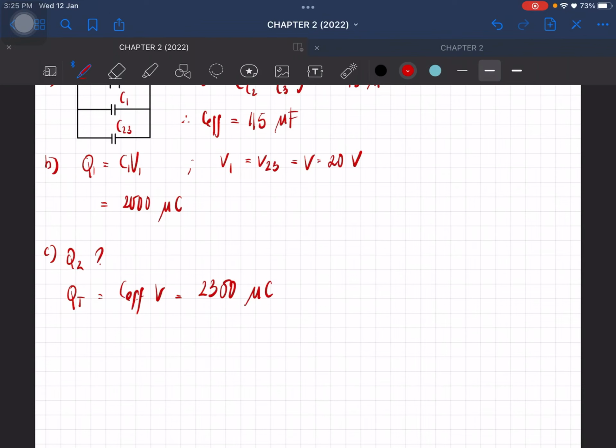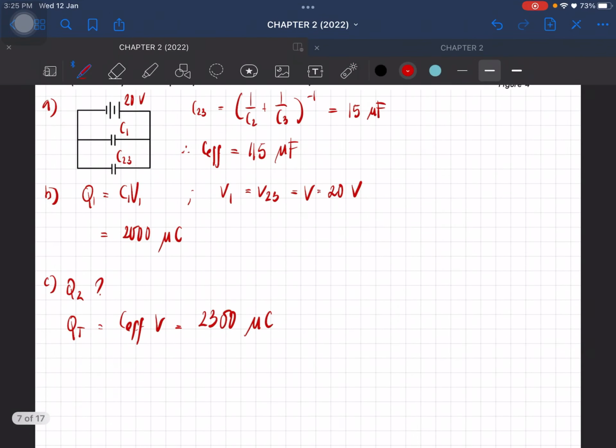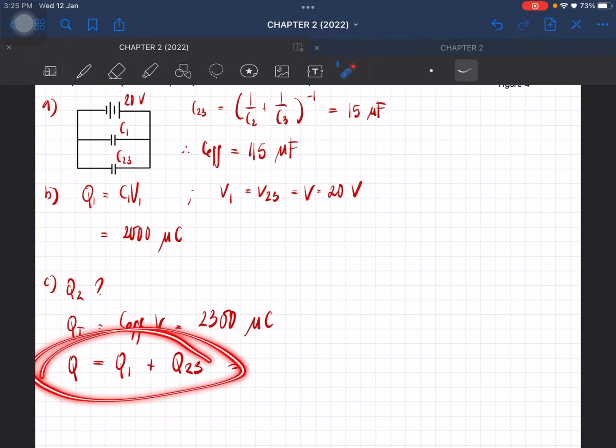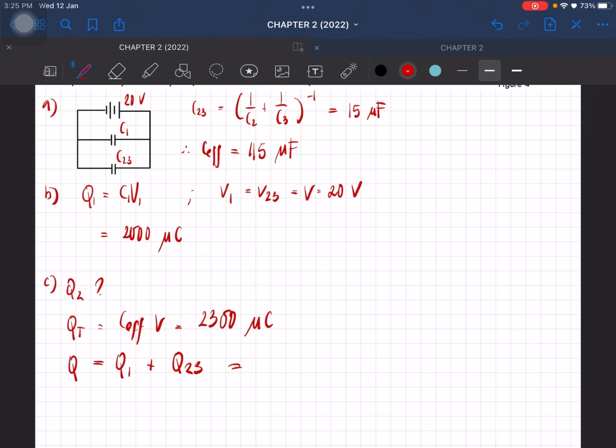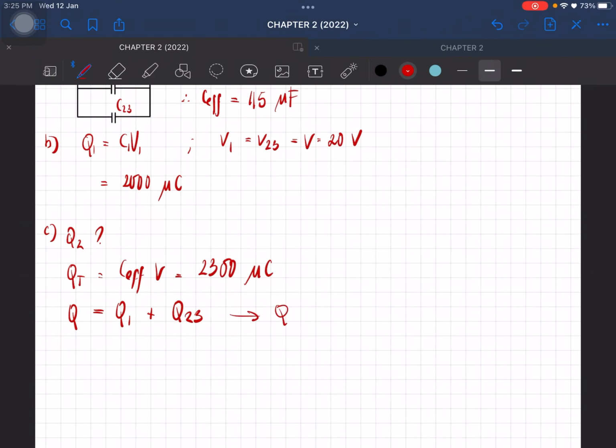And then we can calculate the charge stored in the capacitor in this one here by using the concept of a parallel circuit. Remember for a parallel circuit, the magnitude of charge is not equal, so we should get Q23 equal to 300 microcoulomb.